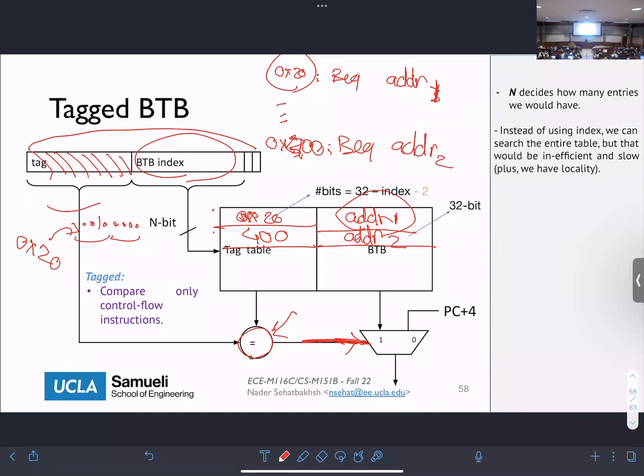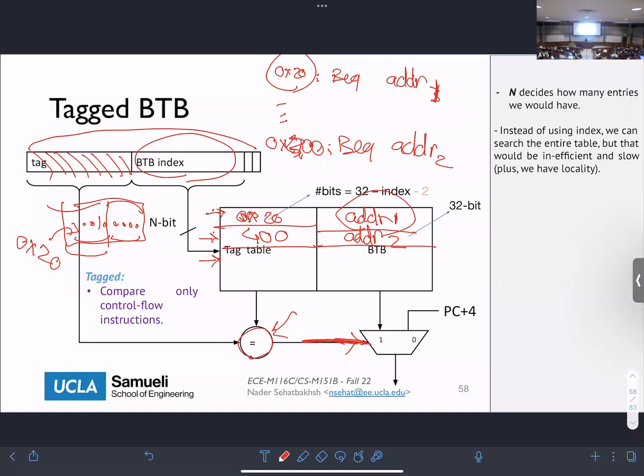What I'm saying is that I don't need to store the entire 1 byte, 8 bits, in my tag, because if I'm using the lower bits for indexing this table, 0, 0 means the first line, 0, 1 means the second line, 0, 2 the third line, and so on and so forth. So this implicitly goes into the right index. And I only need to store this, because index plus my tag becomes the entire PC. That way I can recover and recreate my PC.